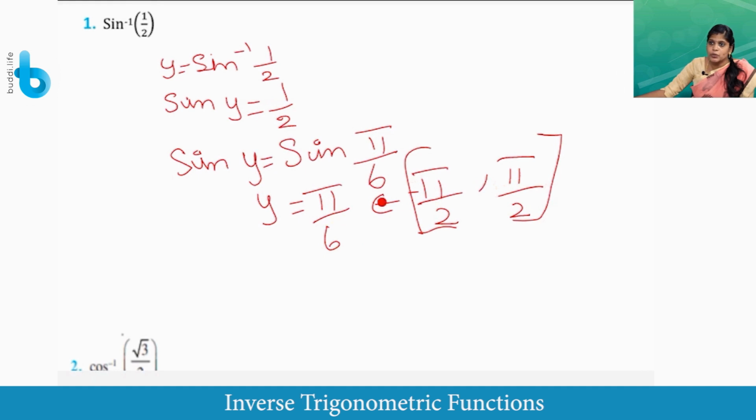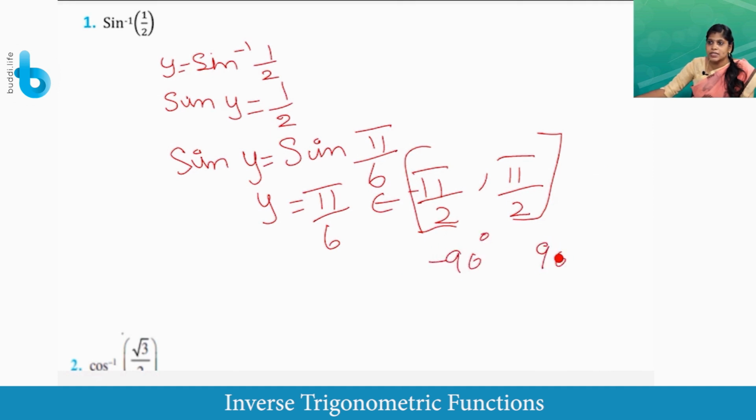I hope you understand how this pi by 6 falls under this range. Pi by 2 is what? 90 degree. Just for this sum I am doing it for you. The range is minus 90 degree to 90 degree. And what is my pi by 6? Pi by 6 is 30 degree. So from minus 90 degree to 90 degree, 30 degree falls. So what we have written is correct: pi by 6 belongs to the range minus pi by 2 to pi by 2.